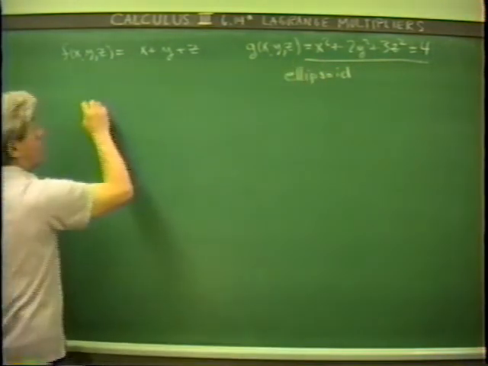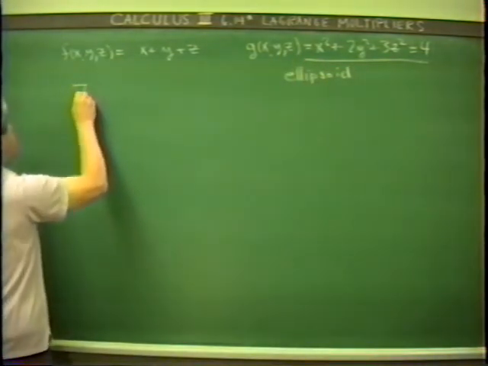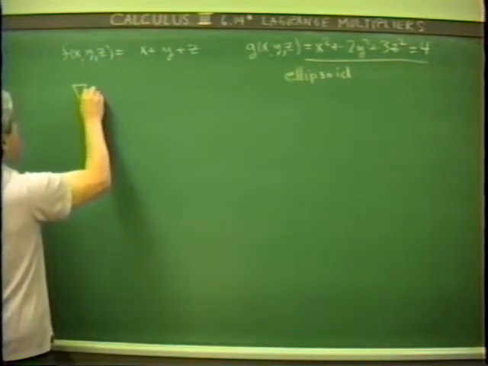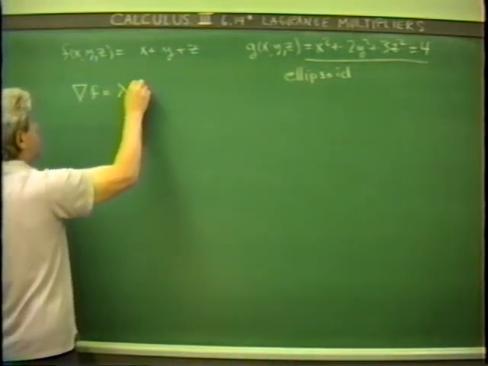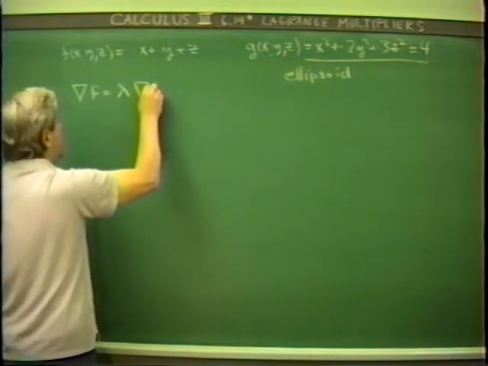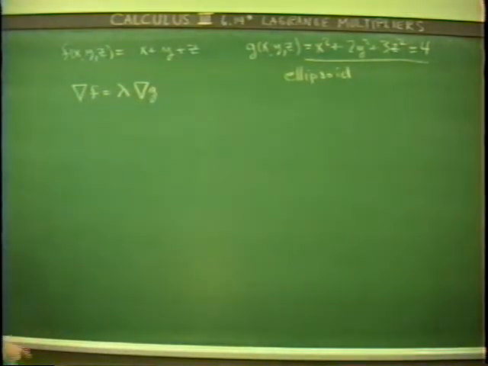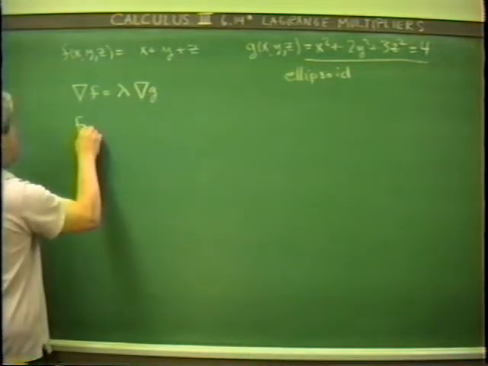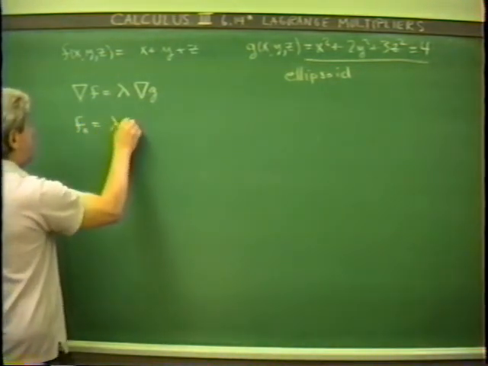And we now want to know, where does this function take on its maximum and minimum on the surface of that ellipsoid? For that purpose, we want to solve this equation right here, along with the three equations that we get by writing the gradient of f as a constant multiple of the gradient of g.